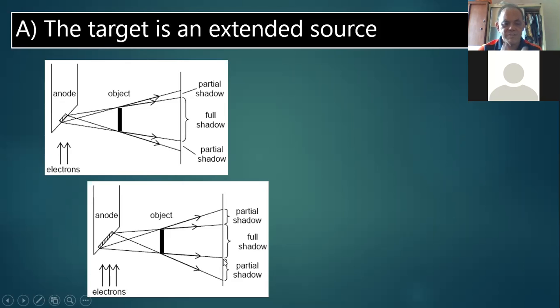The idea of sharpness is we don't want any partial shadow at all. We want a full shadow. So one key is to put an aperture there, metal there, to reduce the size of the partial shadow. This part of the ray cannot pass through, only that part can pass through.